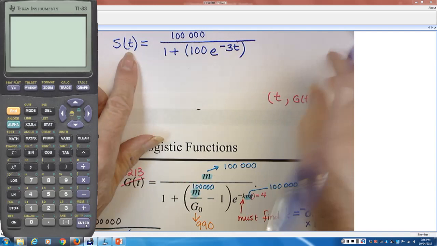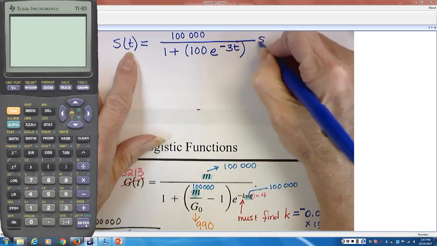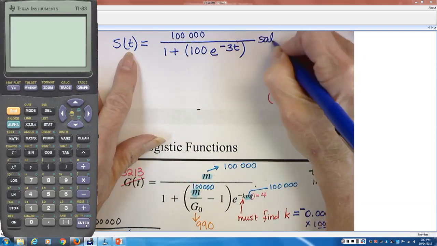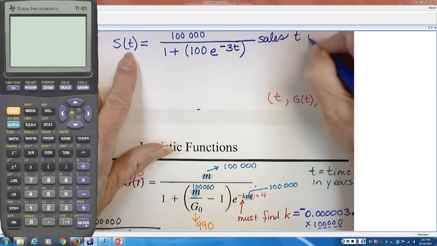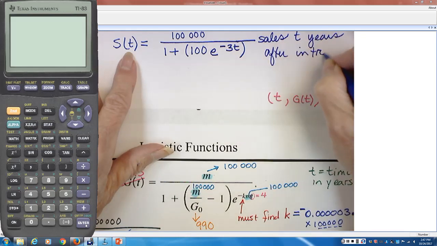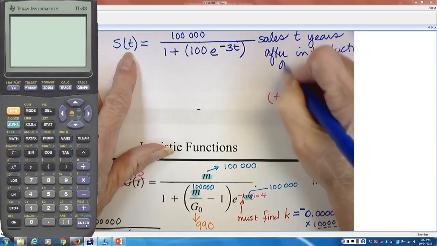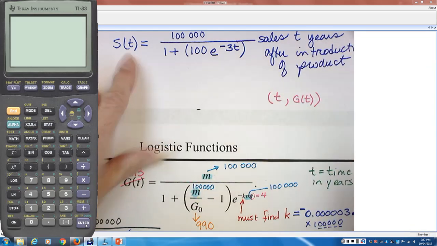So S of t is how many sales, t years after introducing the product. So there's our formula.